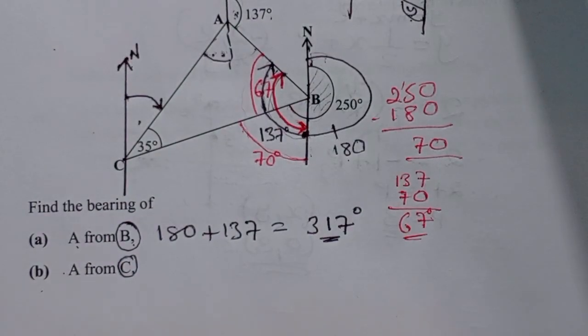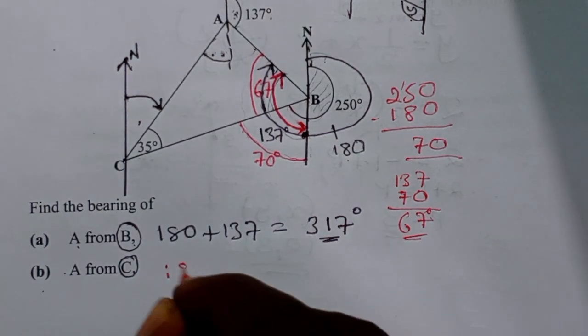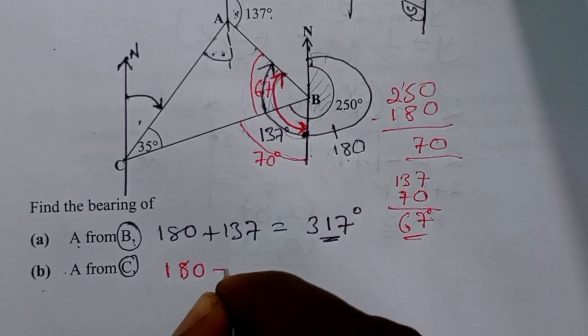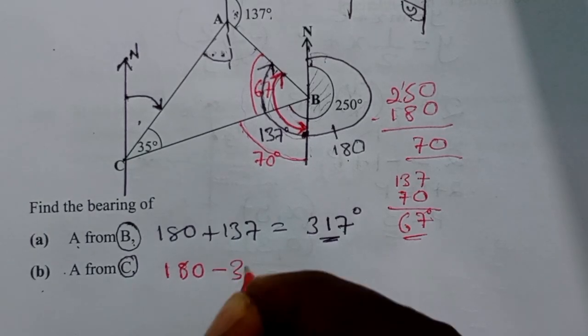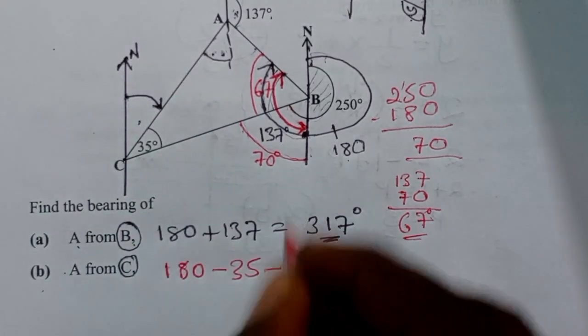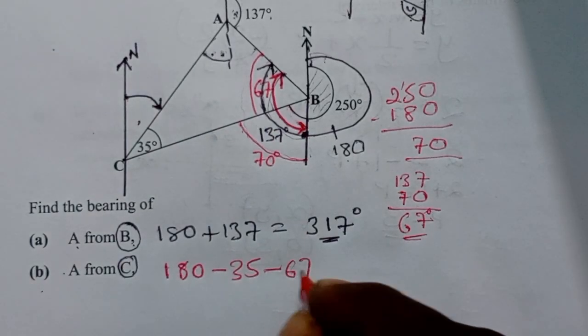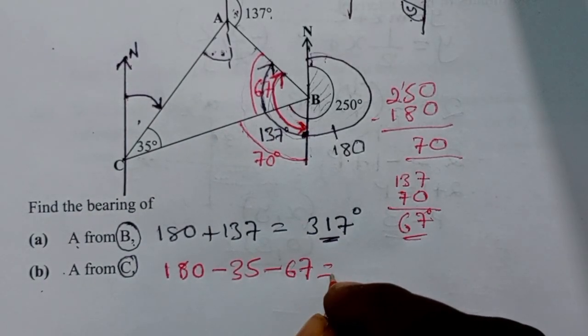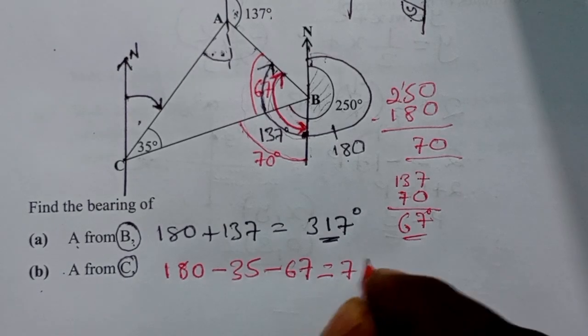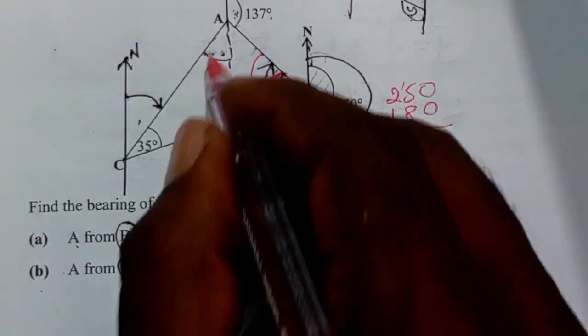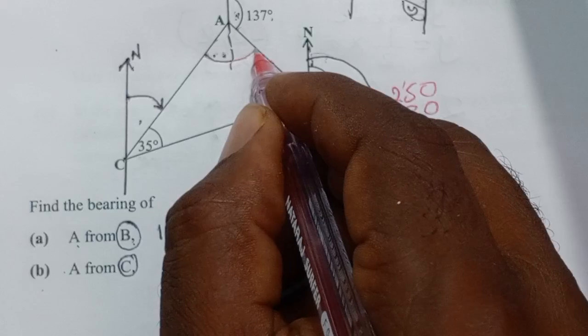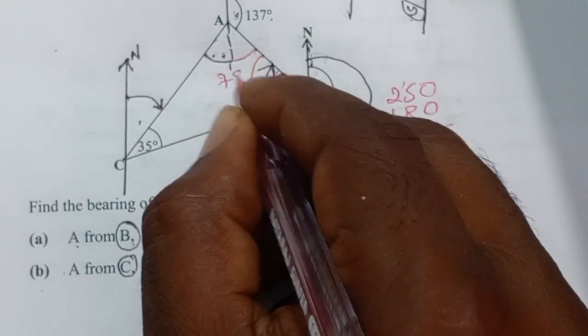So in this case, I'll say 180 minus 35 minus 67. So we are going to have 78 degrees. So from here to here, it is 78 degrees.